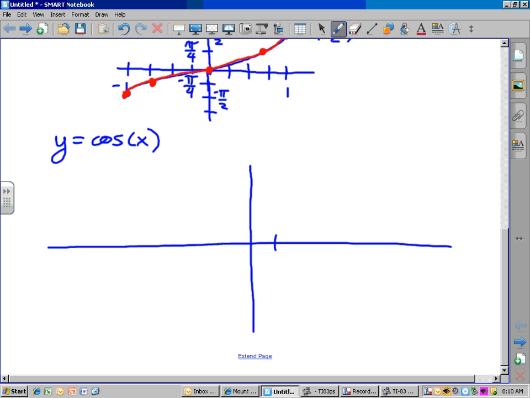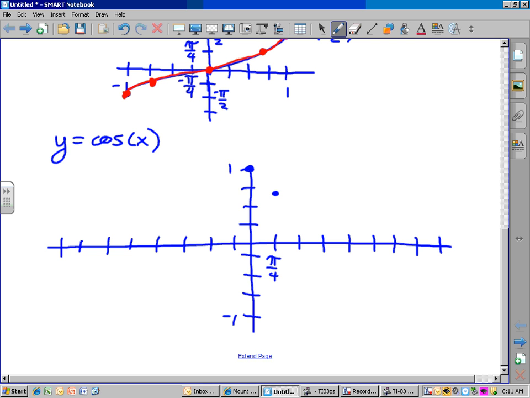Let's draw the entire cosine first. So where do we start with cosine? 1.